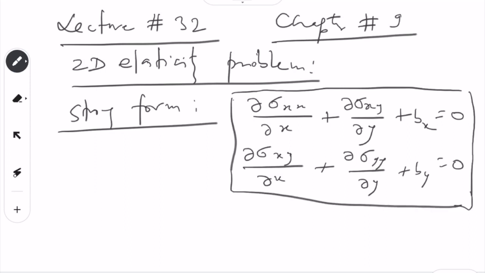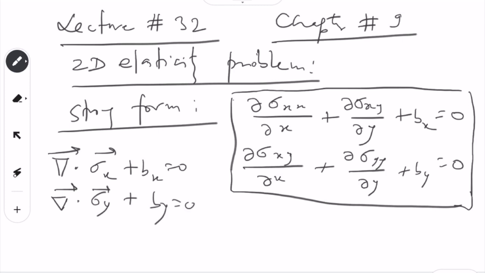Okay, so this we can also write in vector form, and we said like this: divergence of sigma x plus bx equal to 0, and divergence of sigma y plus by equal to 0.